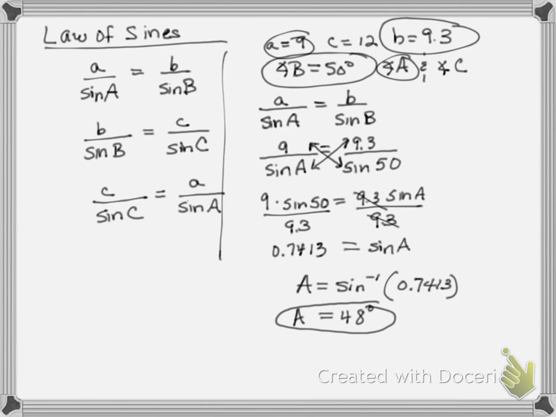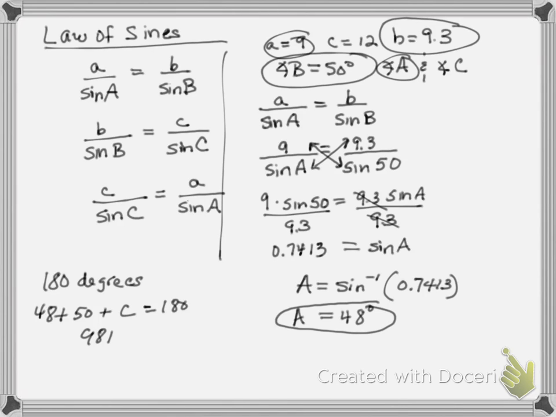Now I need to find the measure of angle C, where there's 180 degrees in a triangle. All the angles in a triangle sum up to 180 degrees. So I'm going to add 48 plus 50 plus angle C is equal to 180 degrees. If I add 48 plus 50, I'm going to get 98.